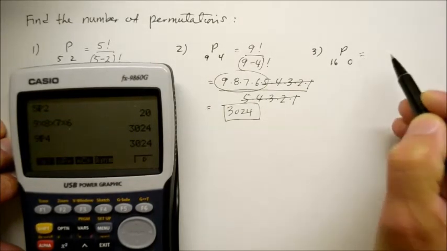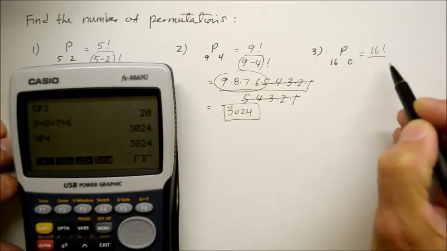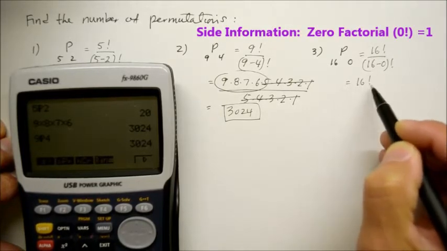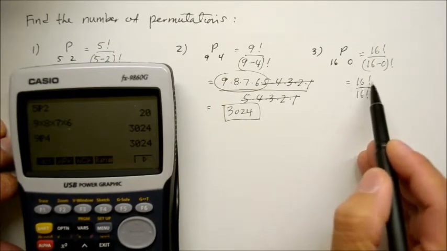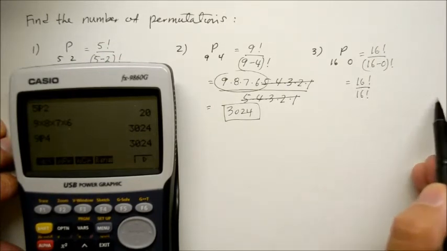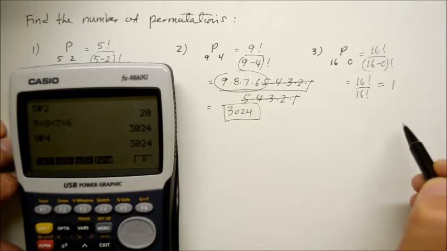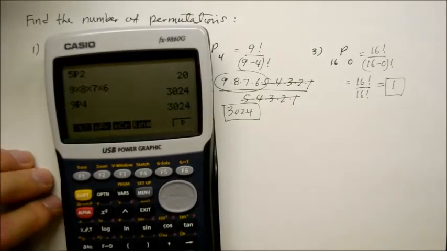Now this one I do have to show you. It's a lot easier than you think. So we have 16 factorial over 16 minus 0 factorial. Well, isn't that like saying 16 factorial divided by 16 factorial? And should I go through the trouble of listing out all the integers in the product, just to cross it out? Or can I just simply say this is 1? And maybe we can check it on the calculator just to be sure.